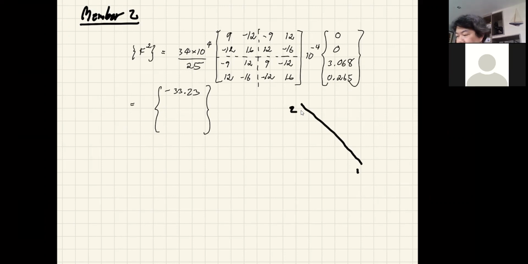So the first term is minus, so it goes in the minus x direction, 33.23. So what do you expect? It goes like this. So you should expect your y to go up to form compression, right? And rightly, the answer for this is 44.3. It's positive. So it is going up.